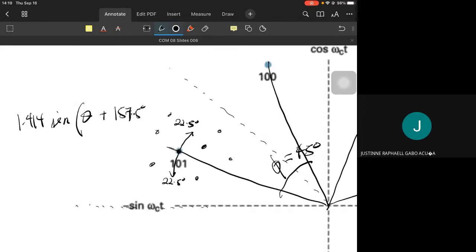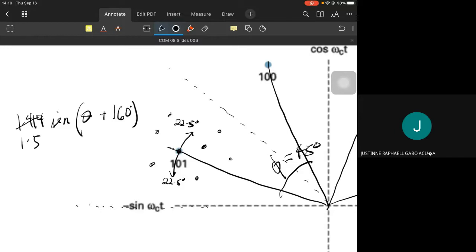Now even if the position is off a little, like 160, it's okay, or the amplitude might be 1.7 or 1.5.